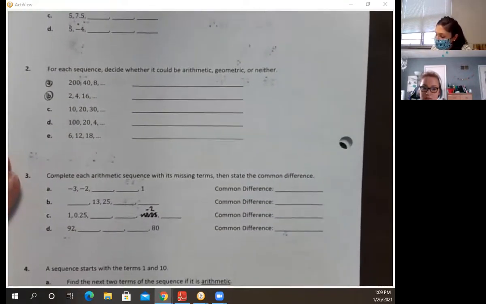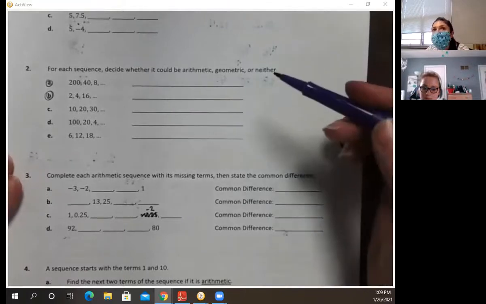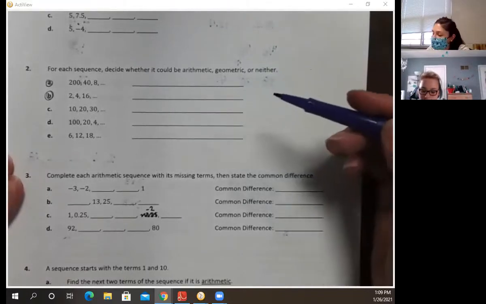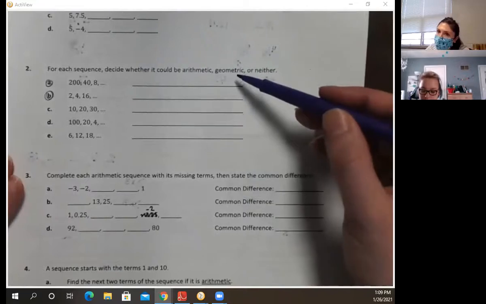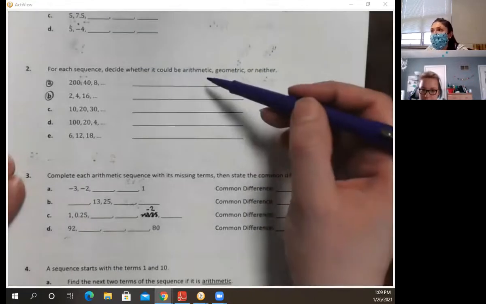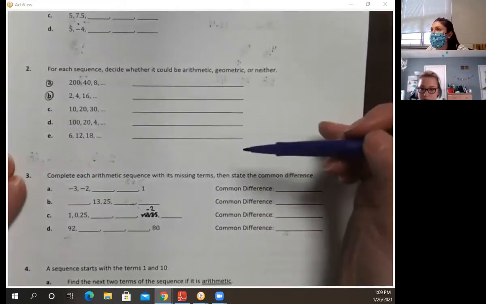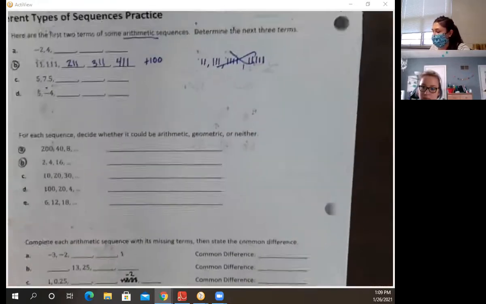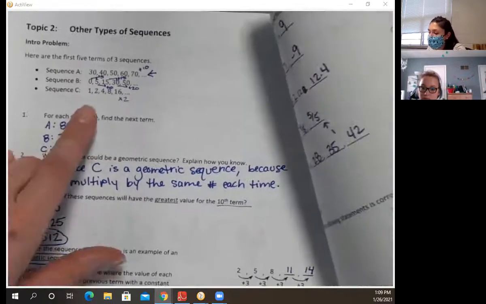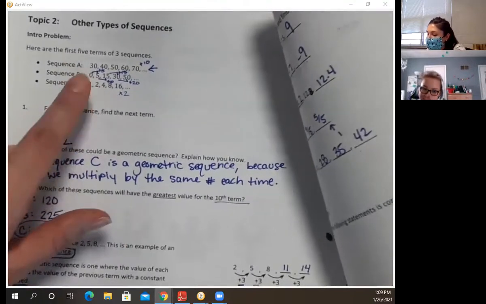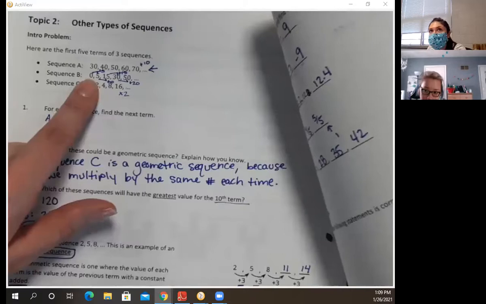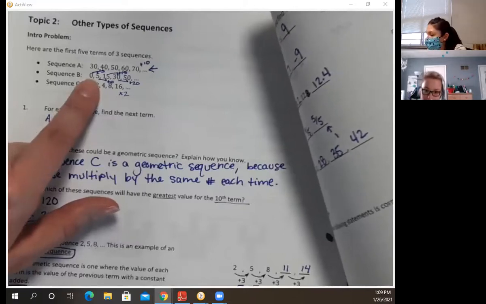For number 2, the sequences that we're going to focus on, that we're going to give names to, are geometric sequences that we talked about last time, and arithmetic sequences that we talked about today. But not every sequence is arithmetic or geometric. If we flip back to the very start of class today, sequence B was not geometric, and it also was not arithmetic.